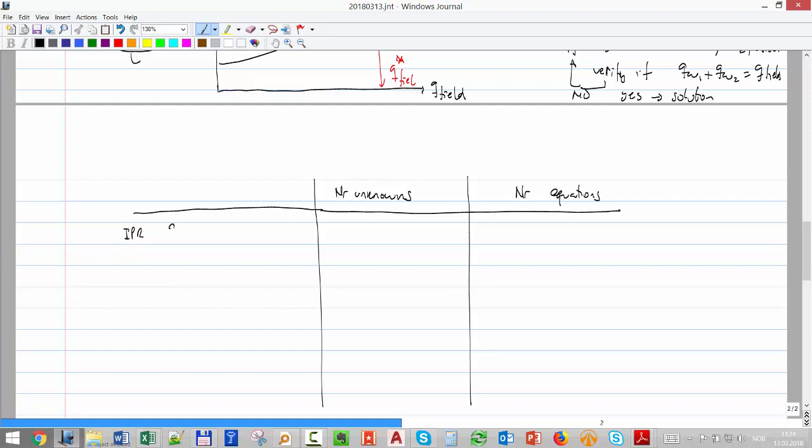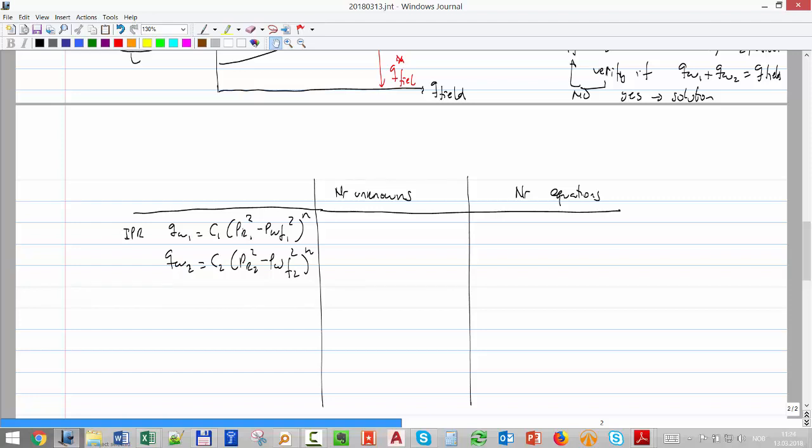If we are saying it is gas, we have QW1 equals C1 (PR1 squared minus PWF1 squared) to the power of n, and QW2 equals C2 (PR2 squared minus PWF2 squared) to the power of n. They might not be producing from the same formation. So how many unknowns do we have in the IPR equation?